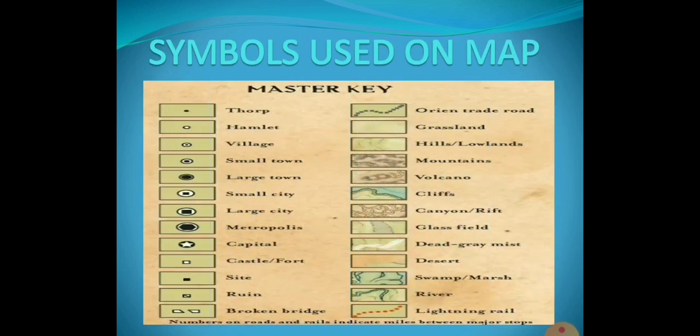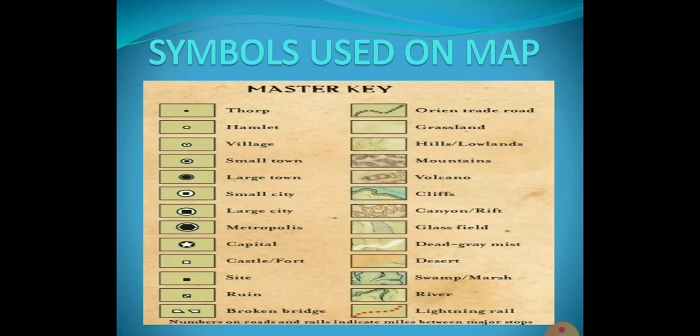Next point, symbols. There is not enough space on a map to show mountains, rivers, lakes, bridges, dams, temples, churches, and railway tracks. However, a map without this information would not be useful. Different symbols are therefore used on a map to give us this information.